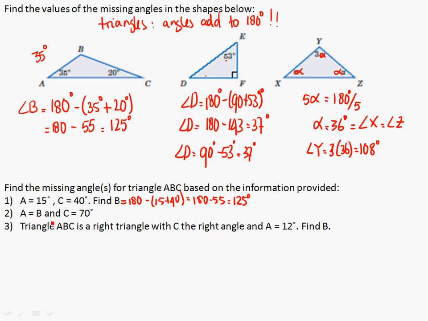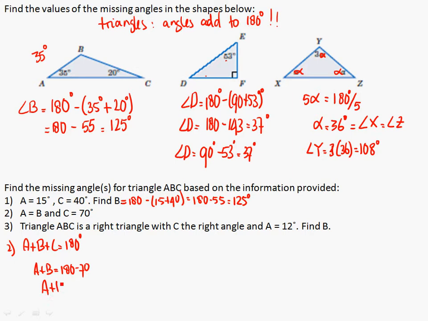So if A equals B and C is 70, then how do you find out what A and B are? Keep in mind, subtract 70 from 180, then the remainder of that too. So if A equals B and C is 70, then you know that A plus B equals 180 minus 70.